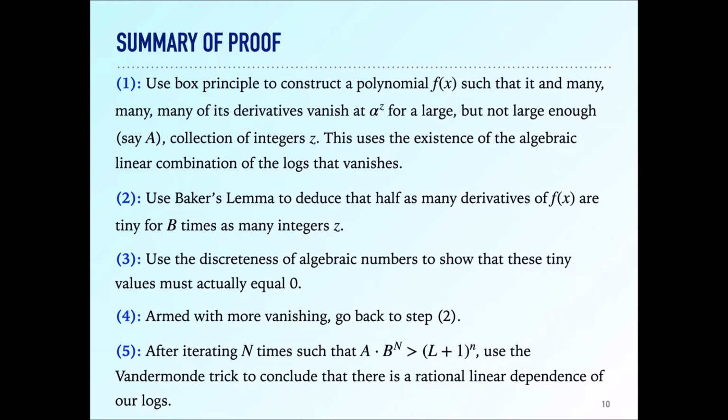Because you have alpha to the z, and you want lots of z's, but when z gets bigger, this is growing exponentially. You want to make something small, because the way that we show algebraic things are zero is we show that they're small. So you want to prevent things from growing too large.